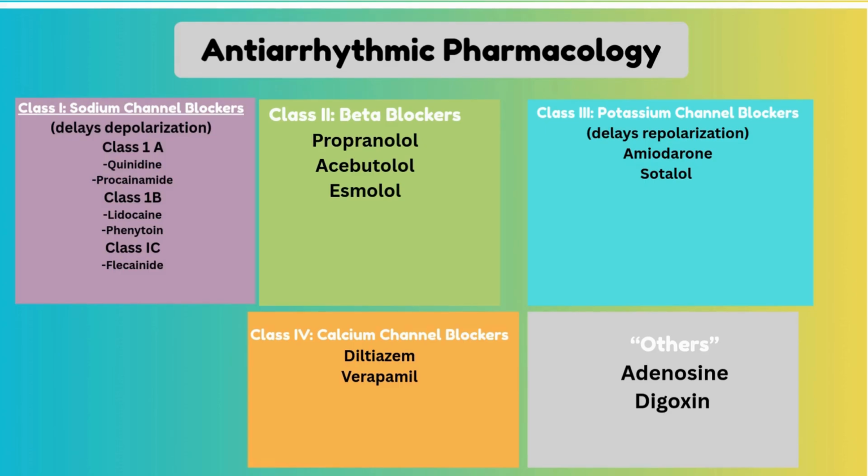What I need you to know is that class 1 and class 3 can literally put your patient into a dysrhythmia. Even though they are antiarrhythmic medication, they can also cause dysrhythmias. So if you want more details, kindly go under the playlist for pharmacology where I cover this in depth.